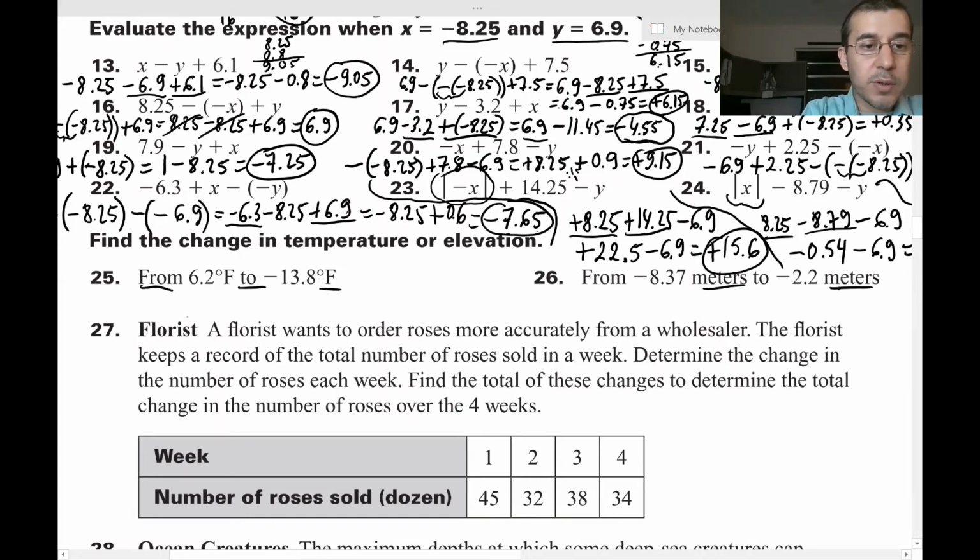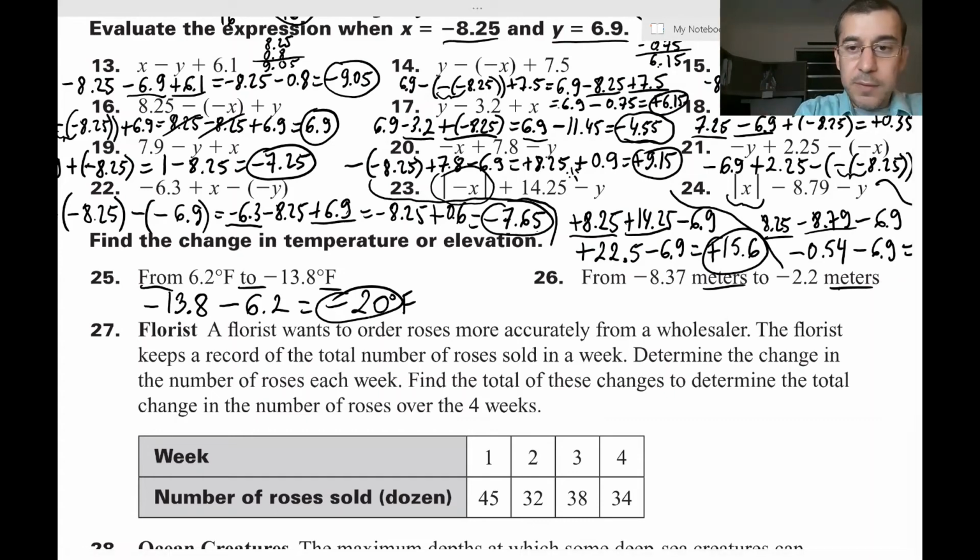Here what you do is you subtract the from from the to. So this becomes minus 13.8, and then minus the from, 6.2. Now we have two negative numbers. This is 13 and 6 is 19, and then 20. So minus 20 degrees Fahrenheit is the change.